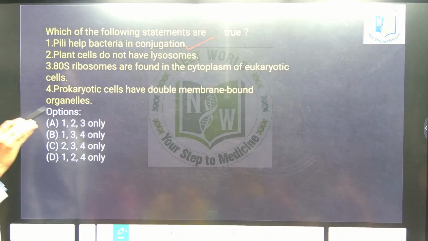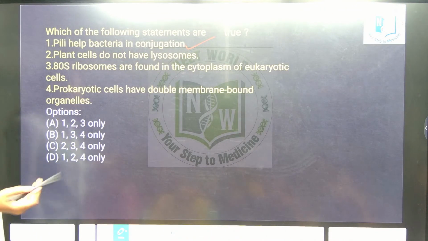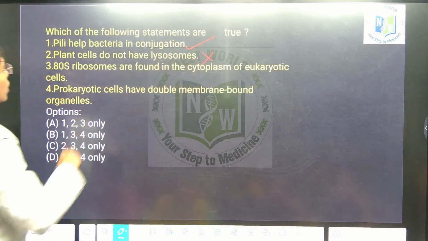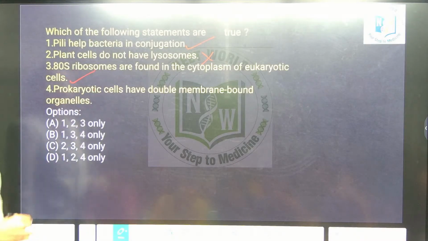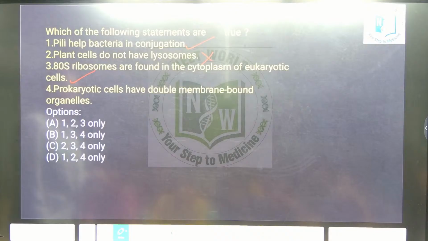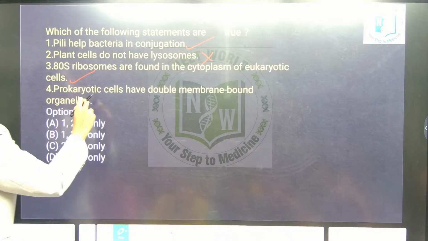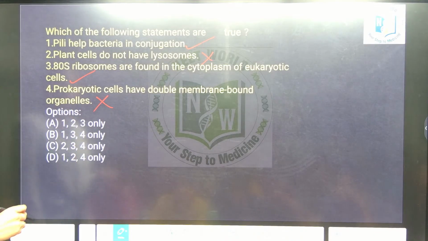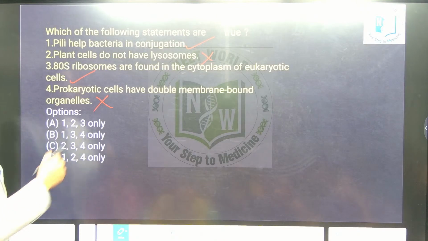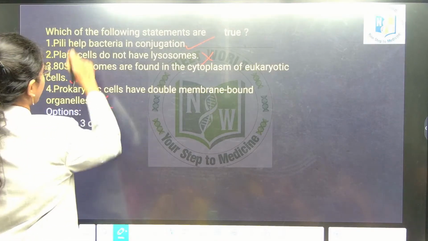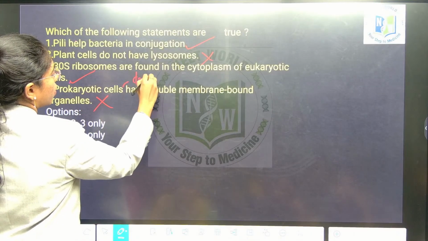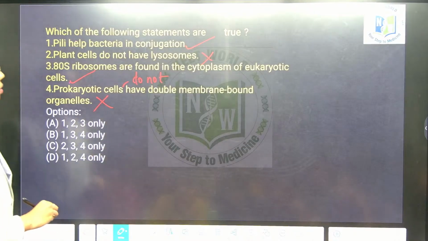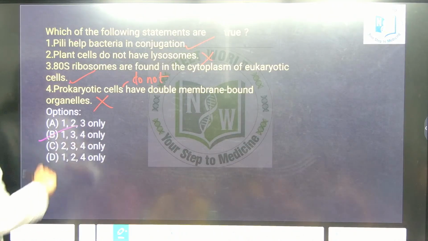Plant cells do not have lysosomes. Is that statement true? Wrong. They do have lysosomes. Ribosomes are found in cytoplasm of eukaryotic cell. Yes. Prokaryotic cells have double membrane bound organelles. Wrong. Okay, you can go with 1 and 3 as the correct answers. Now you tell me. B.